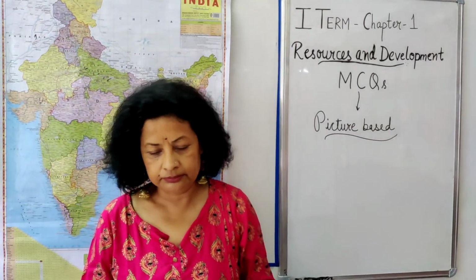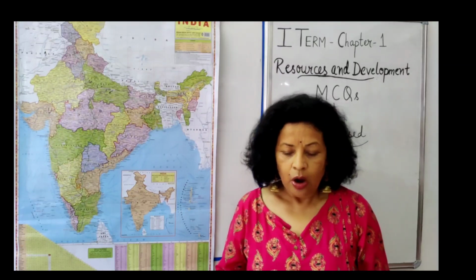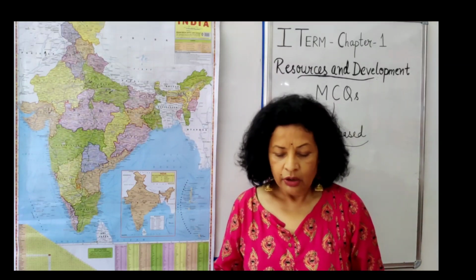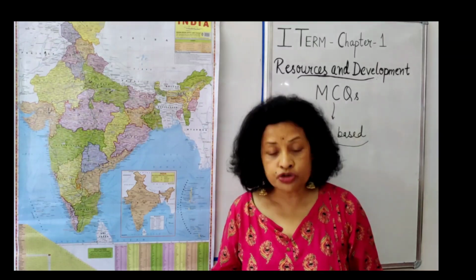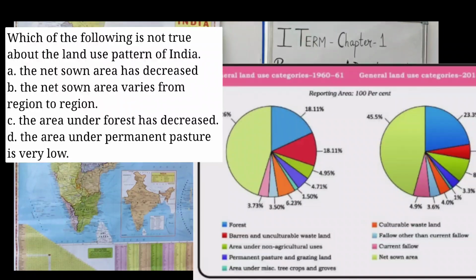Question number 1. In the given pie chart of land use of India, which of the following is not true about the land use pattern of India? Not true. Okay, please keep in mind. Option 1: the net sown area has decreased. The net sown area varies from region to region. The area under forest has decreased, and the area under permanent pasture is very low.